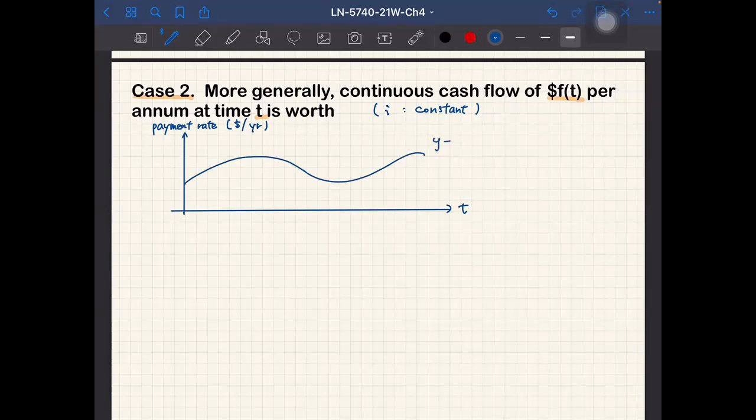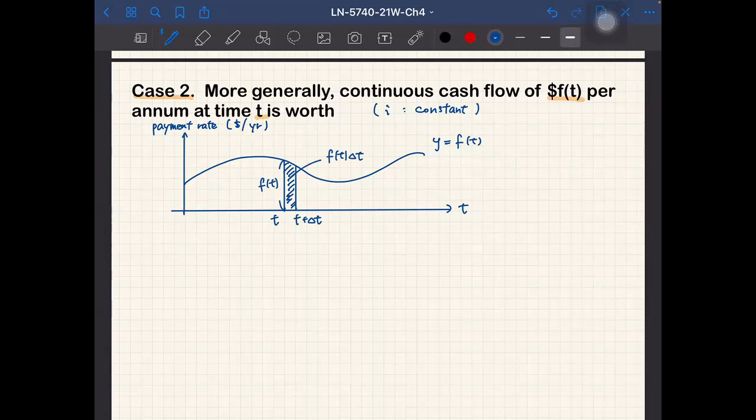What is the present value of the cash flow between time t and time t plus delta t? This height is f of t, so this area is approximately f of t times delta t.